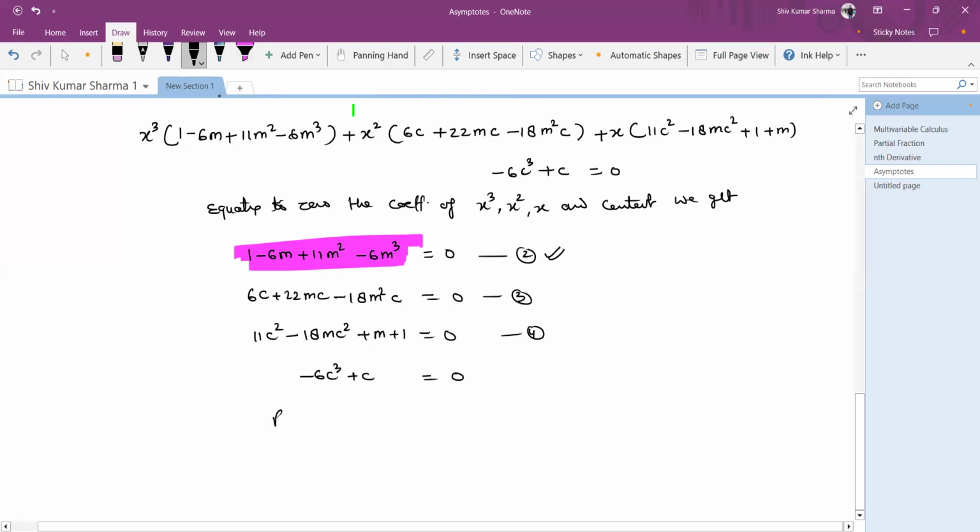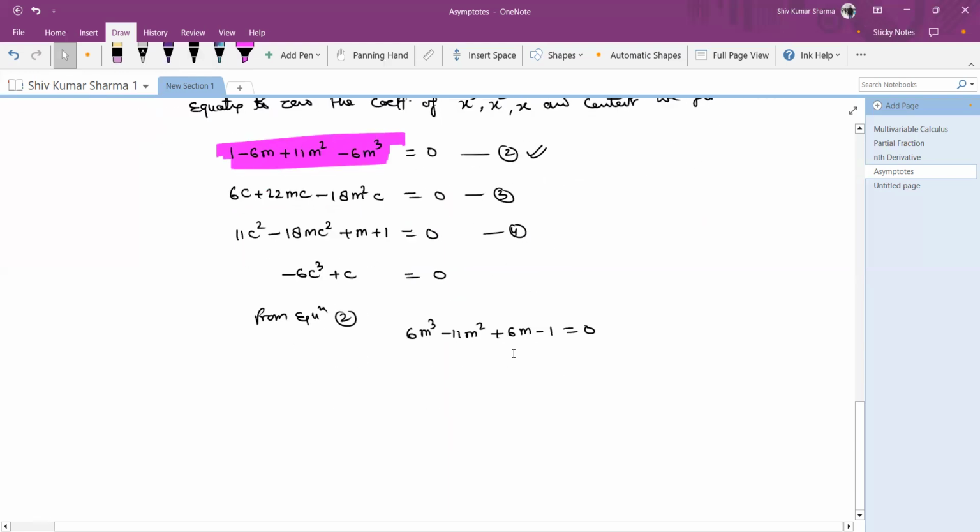So from this equation, we write down 6m cube minus 11m square plus 6m minus 1 is equal to 0. So we find the factors. This is a cubic equation. So first we find by using the trial method. So using the trial method, we obtain the first factor.